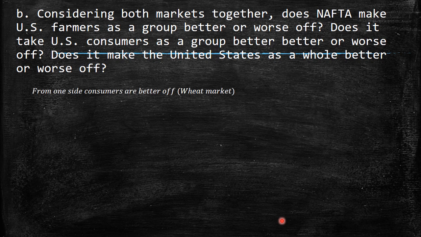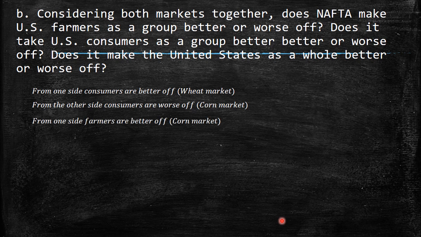So remember, on one side, consumers are better off in the wheat market, because they have to pay a lower price. On the other side, in the corn market, they have to pay a higher price. From one side, farmers are better off, which is the case of the corn market, and from the other side, farmers are worse off, which is the wheat market.